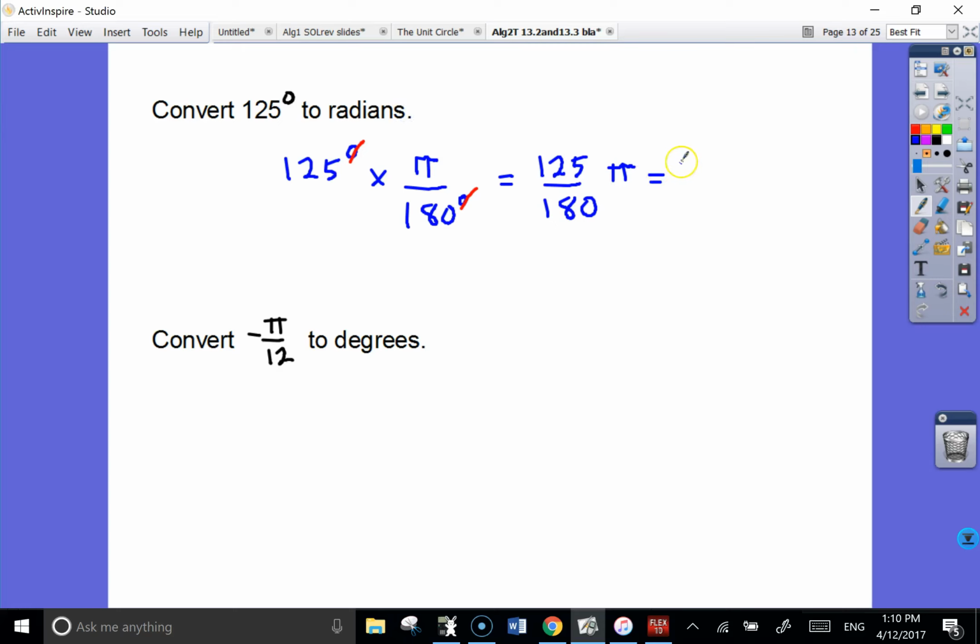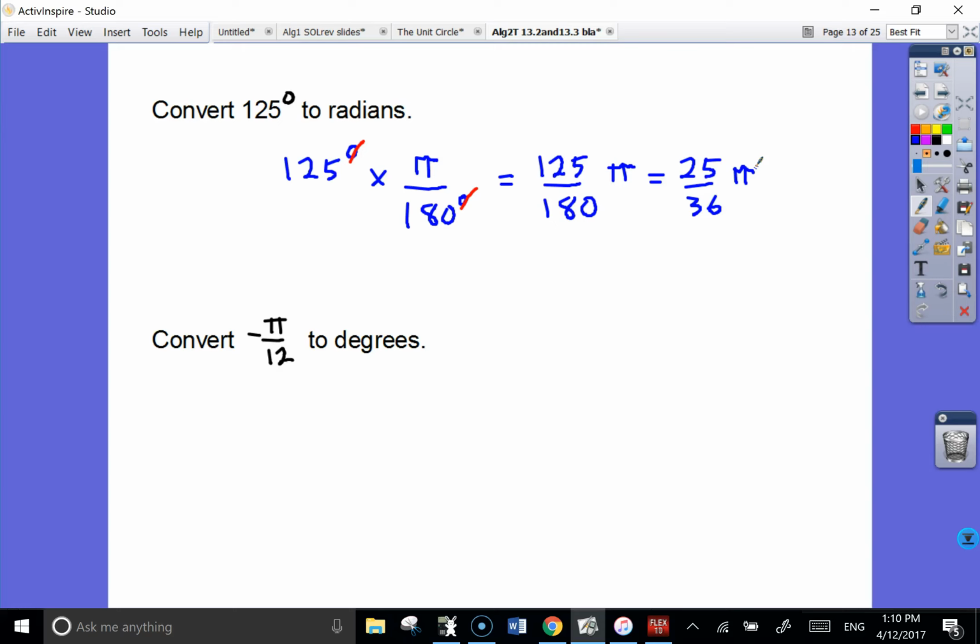That's 25 over 36 pi. So a lot of times they'll ask what is it in radians in terms of pi, meaning that you want the pi to be there. Don't just turn the whole thing into a decimal. Just simplify that fraction and keep the pi where it is.